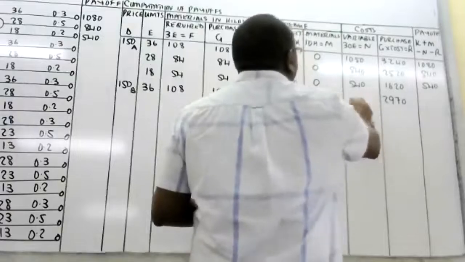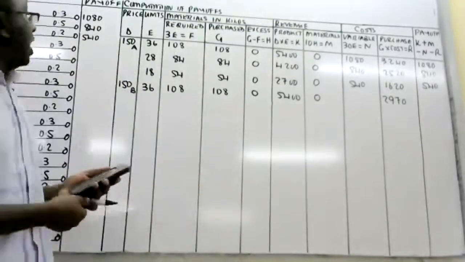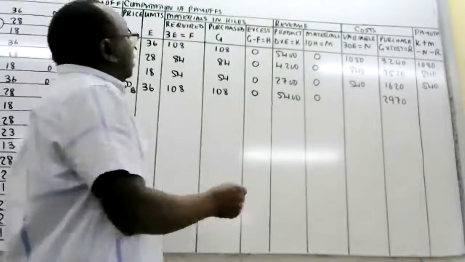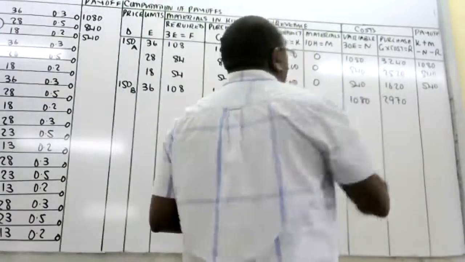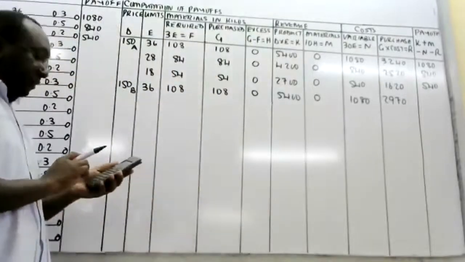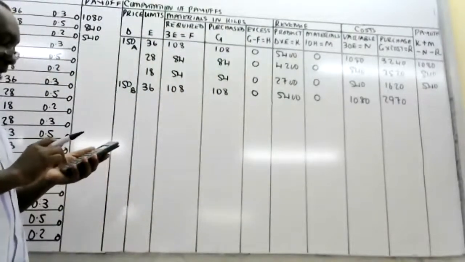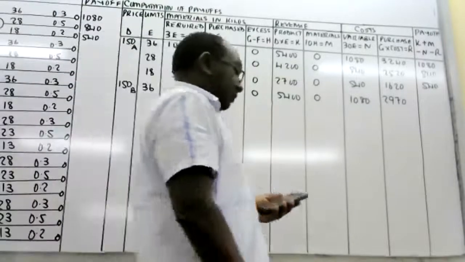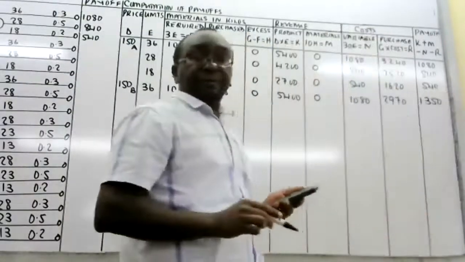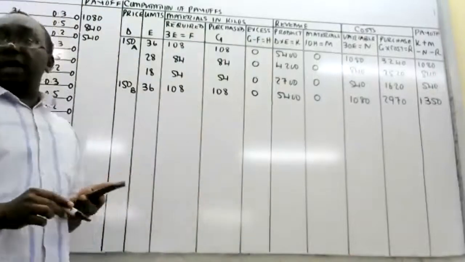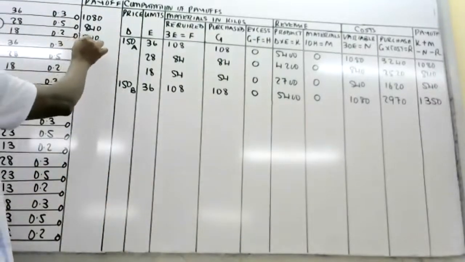The variable is still 30 times 108. So that still gives me 1080. So now I will say 5400 minus 1080 minus the answer I've gotten. That gives me 1350. So I record 1350 here.